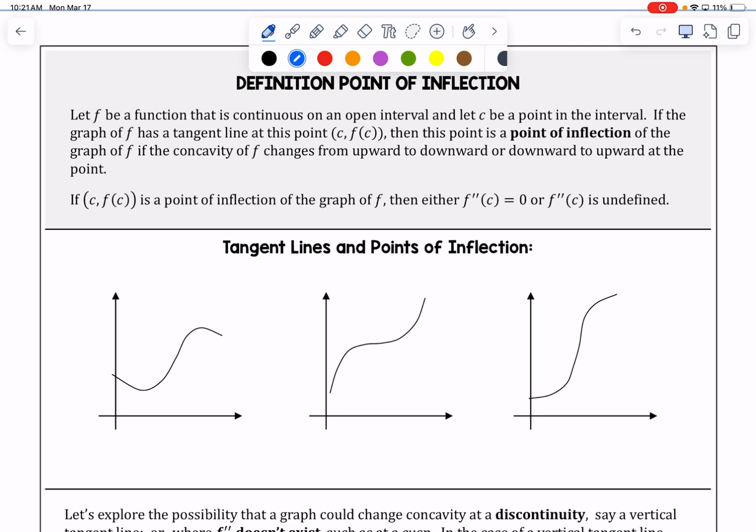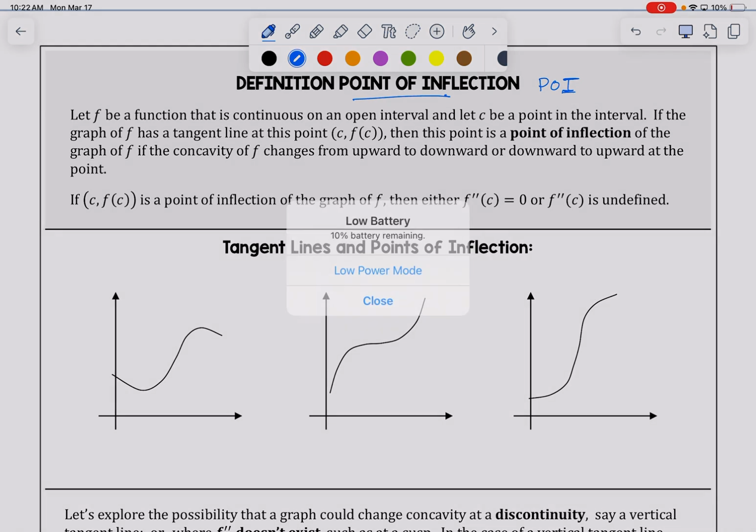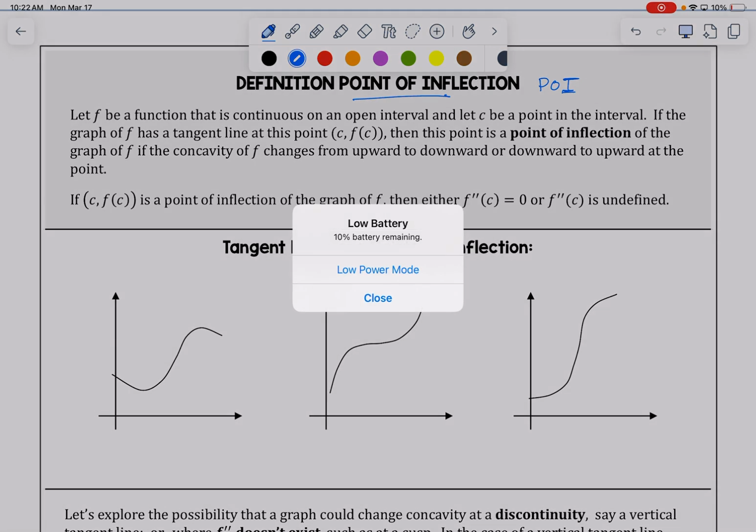We've already talked about a point of inflection, a POI. What is a POI? It's where the graph changes what? It's where the second derivative changes signs. It's where the original function changes what? Concavity. Everybody say it with me. It's where the second derivative changes what? Signs. It's where the original function changes. What's happening in the first derivative?